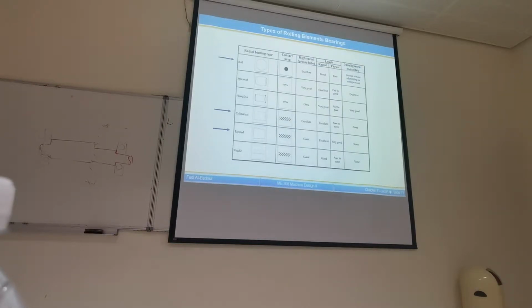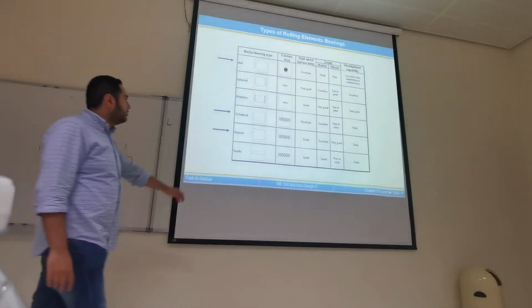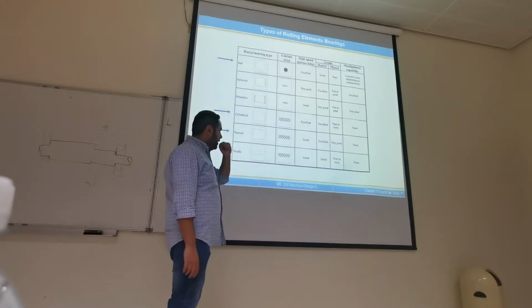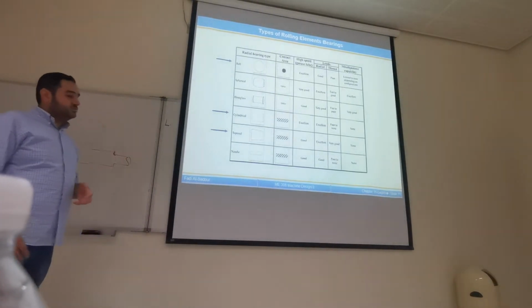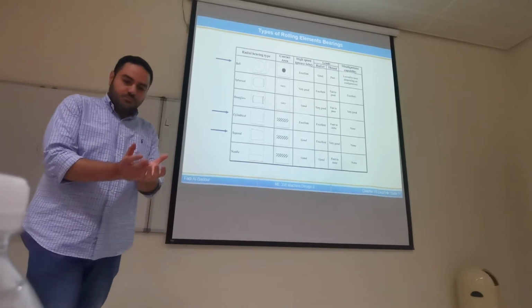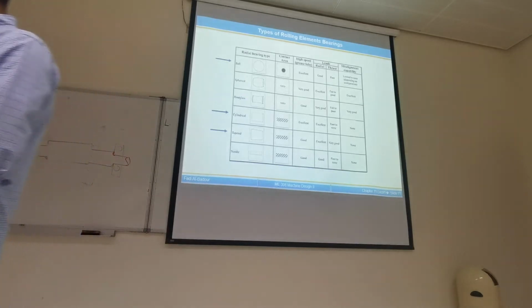But the type of bearings that we are discussing in chapter 11, there are three types of rolling elements we talked about: the ball, the cylindrical, and the taper. So these are showing the shape of the rolling element. What can you notice? When I have a ball, the contact is a point. So if I bring a ball and put it on the table, I have only point contact between the ball and the table.